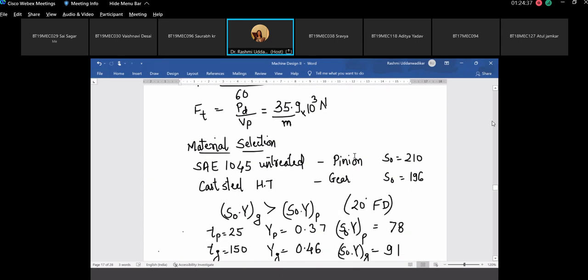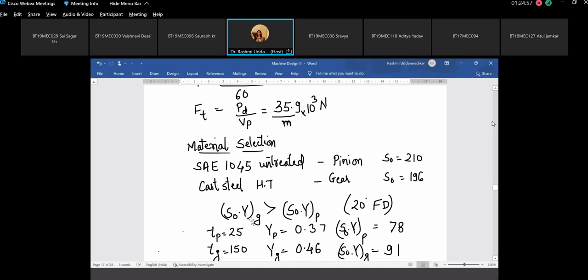Then we select the material. Normally we'll go with the pinion with a higher strength because this is rotating at higher RPM and is smaller in size. So we want this one to be stronger when we are selecting the material, but the design depends upon S0 into Y, where S0 is giving the strength and Y is the Lewis form factor.